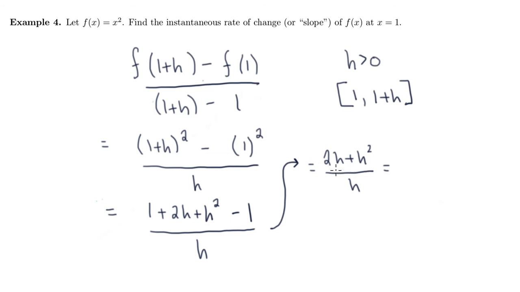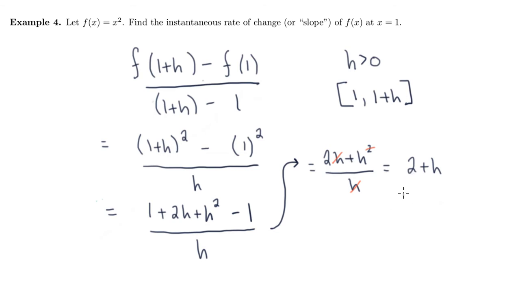So then I can actually cancel one factor of h, so that kills the squared there, and I'm just left with 2 plus h, as long as h is a positive number. So the average rate of change over this interval, 1 to 1 plus h, of this function is 2 plus h.